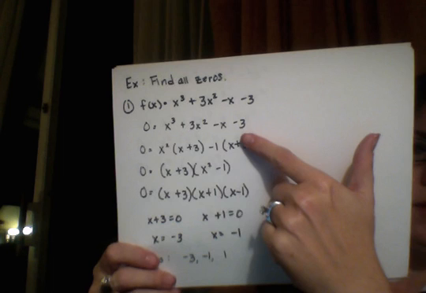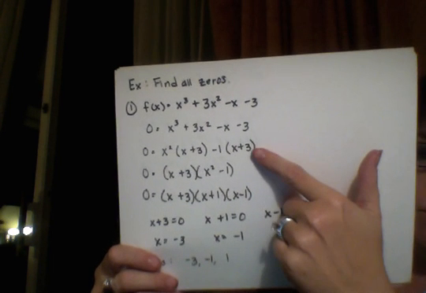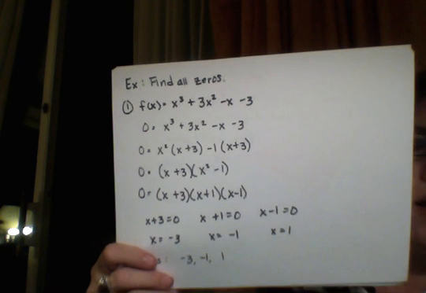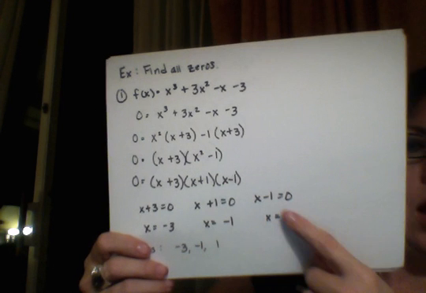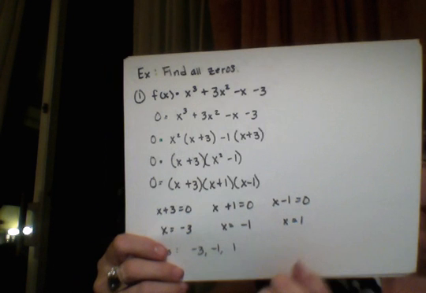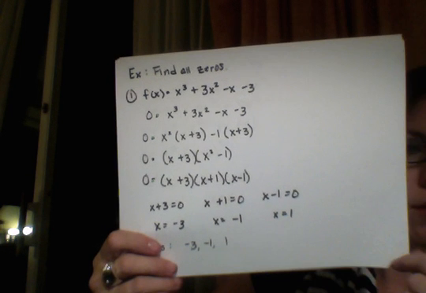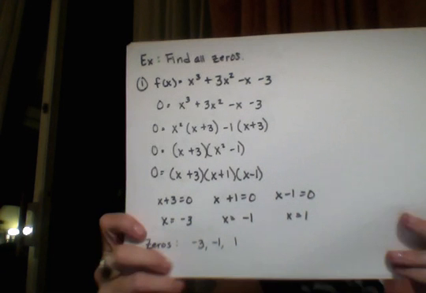So I grouped the first 2 terms together, the second 2 terms together, and applied grouping to those. You'll notice that once I did group, I ended up with x minus 1. And x squared minus 1 is factorable, so I also went ahead and factored that according to the difference of 2 squares. Then I set each factor equal to 0, and we find out that our zeros for this function are -3, -1, and 1.